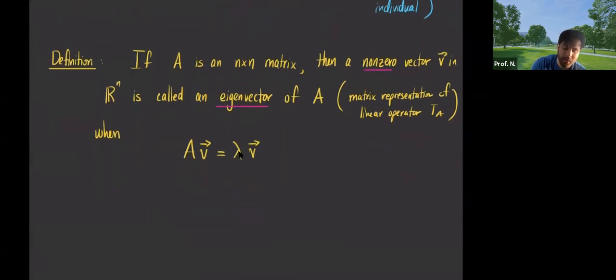This scalar is called lambda, a Greek letter, and this lambda is considered the eigenvalue. So this is a scalar.